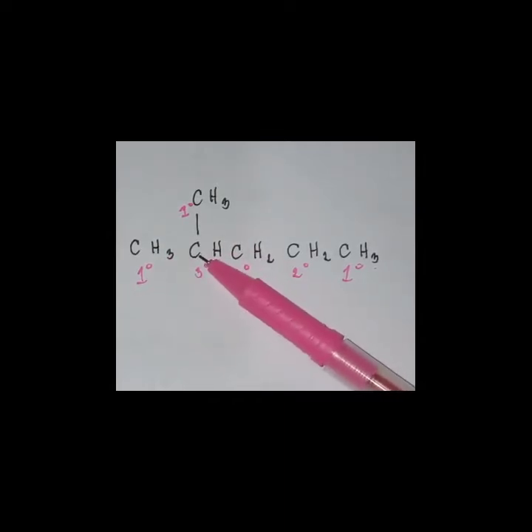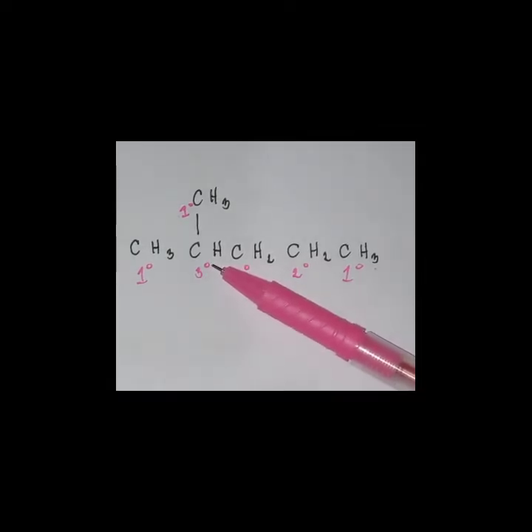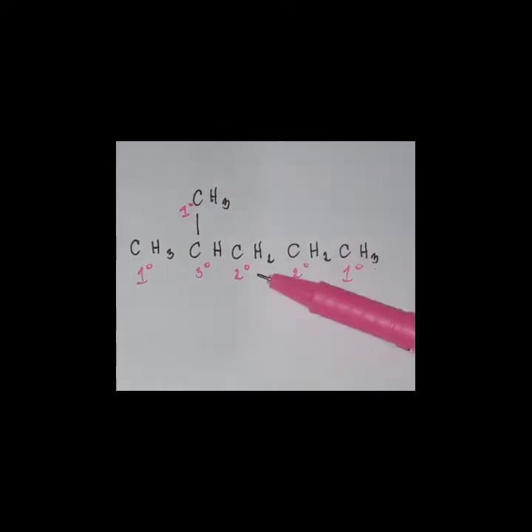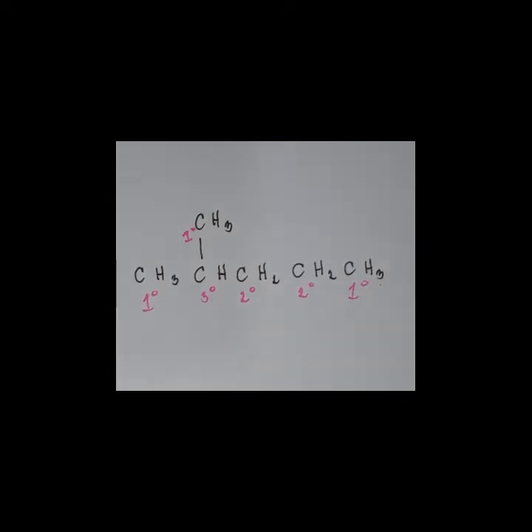This carbon atom is tertiary because it is bonded to 3 carbons, which are 1, 2, and 3. This carbon atom is primary, secondary, and this last carbon is primary. So we have 3 primary carbons, which are methyl, 2 secondary carbons, which are methylene, and 1 tertiary carbon, which is methine.